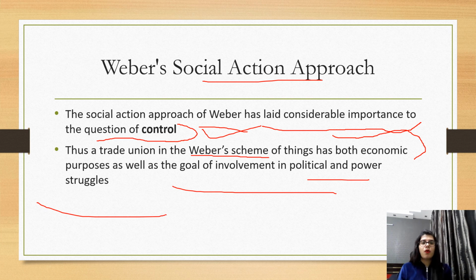Okay, so the trade unions want to gain economic interest or want to gain economic benefits, but at the same time, according to this approach, they also want political power. They want involvement in political and power struggles.